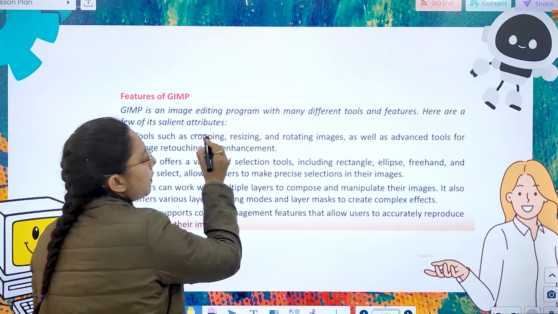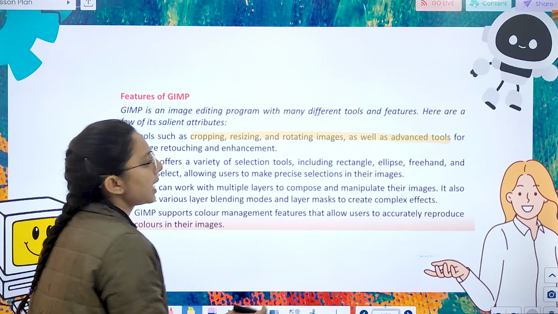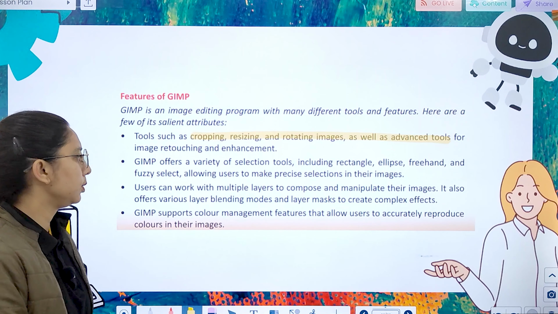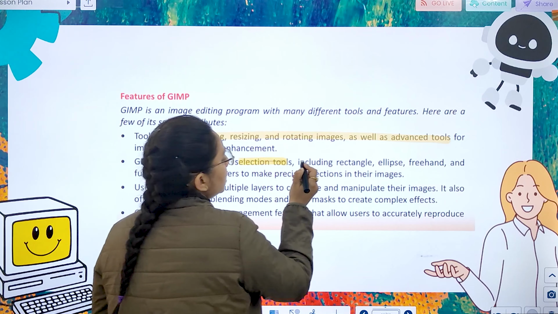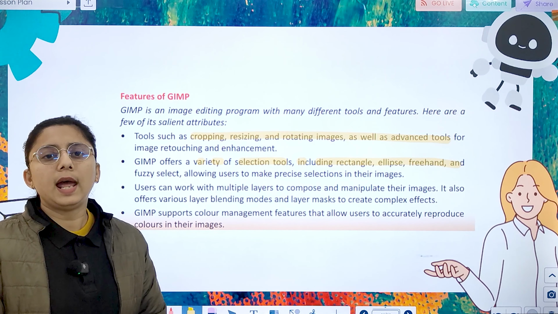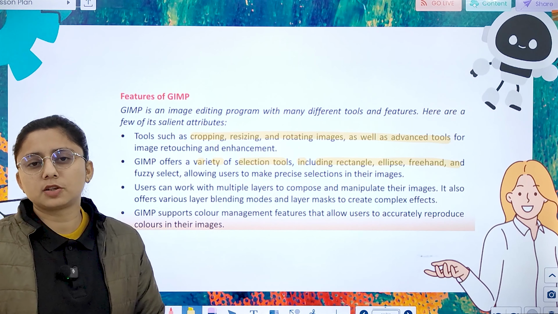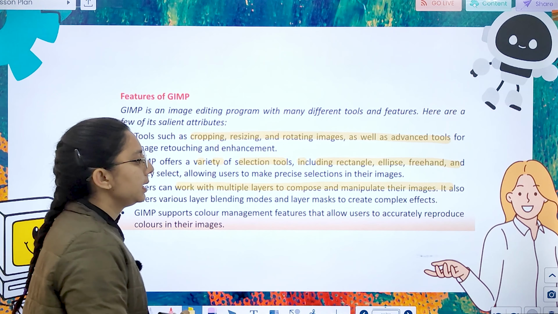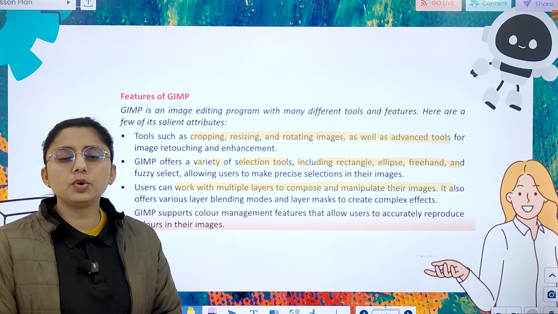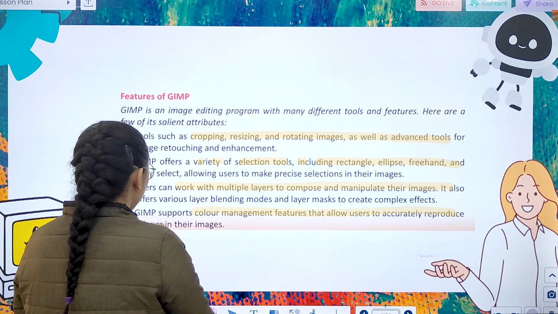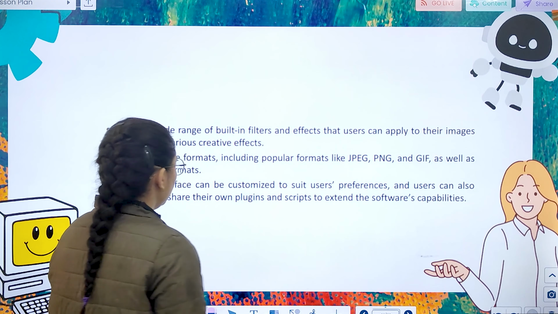Now let's study the features. Tools such as cropping, resizing and rotating images, as well as advanced tools for image retouching and enhancement, are used. It offers a variety of selection tools like rectangle, ellipse, freehand and fuzzy select, and allows users to make precise selections. It can work with multiple layers to compose and manipulate images, and it supports color management features that allow users to accurately reproduce their images.